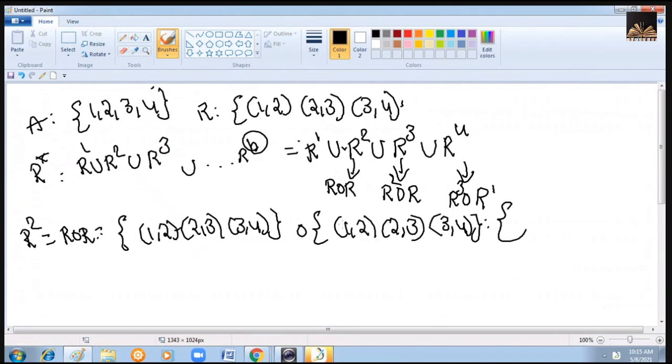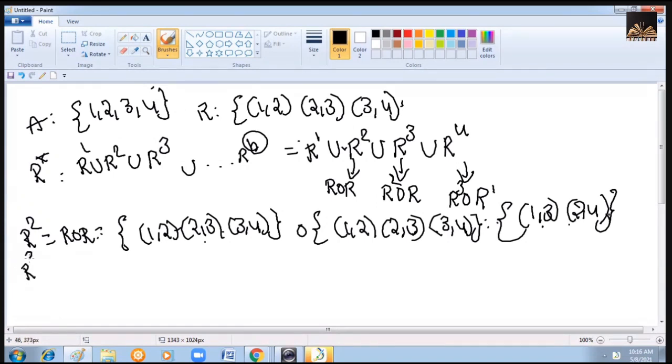Here we have (1, 2) and (2, 3), so that will give you (1, 3). Similarly, (2, 3) and (3, 4) will give you (2, 4). Any other tuples? No. So R2 contains 2 tuples: (1, 3), (2, 4).